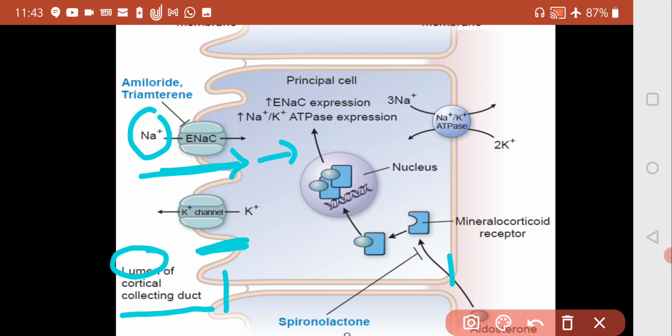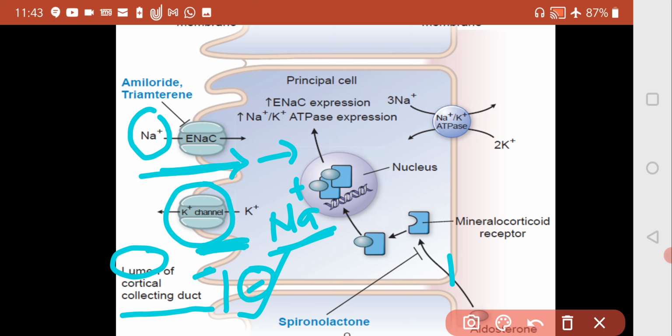So more sodium inside the cell depolarizes this membrane, and it generates a negative transepithelial potential. Due to this negative potential, the K plus channel opens, and there is more excretion of potassium, coupled with this sodium channel.